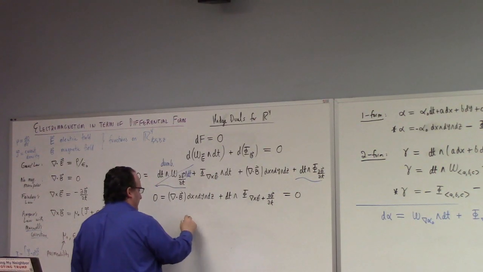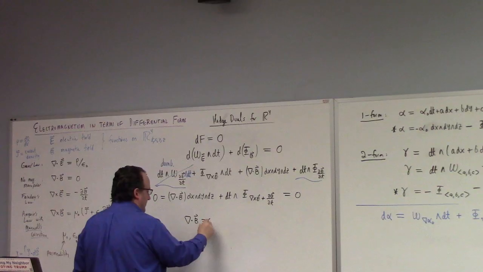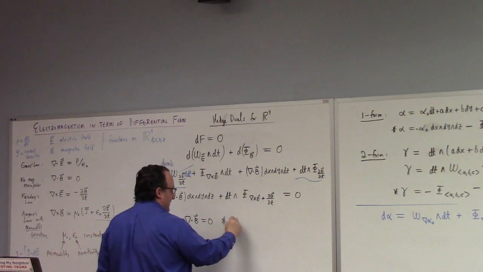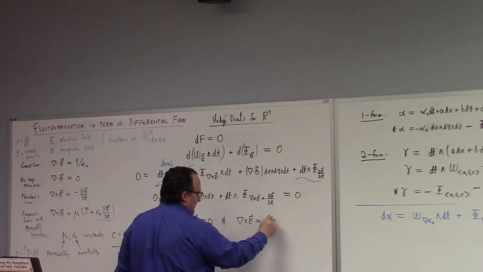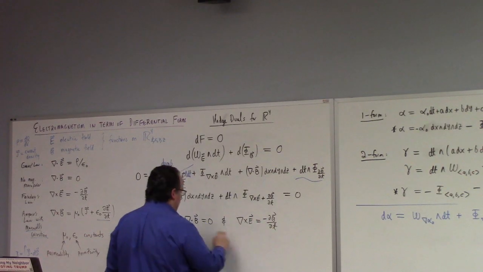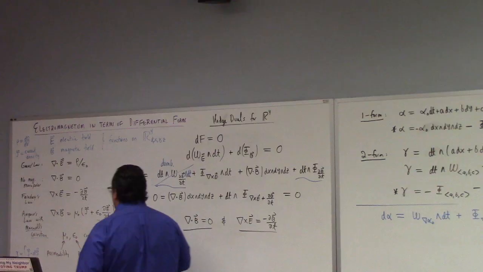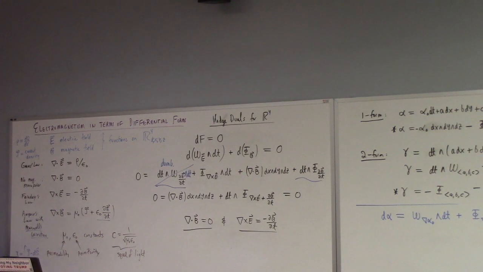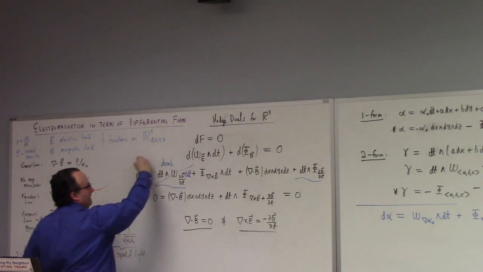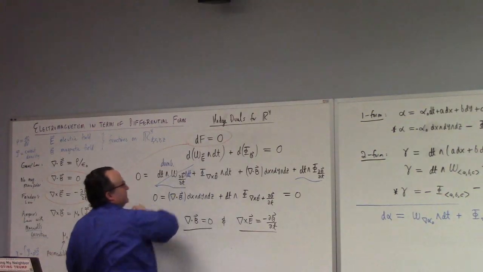Lo and behold, we have the divergence of the magnetic field is equal to 0, and that the curl of the electric field is equal to minus partial B partial t if you move it to the other side, right? In other words, we have just found what? This one and that one are in fact the same as this.